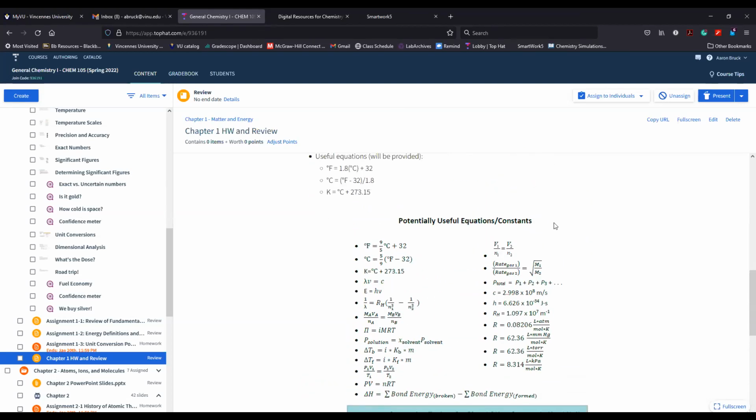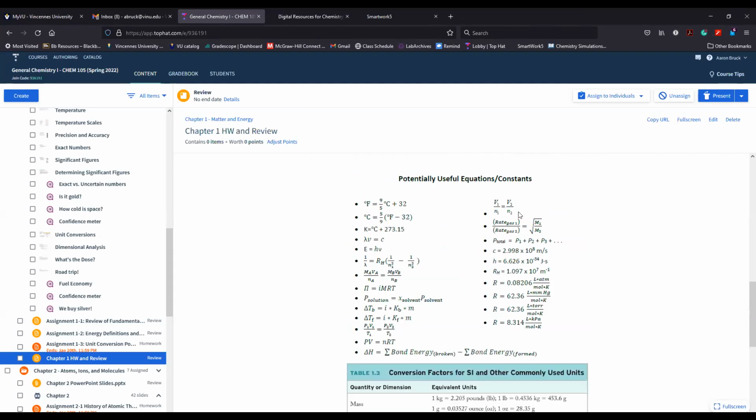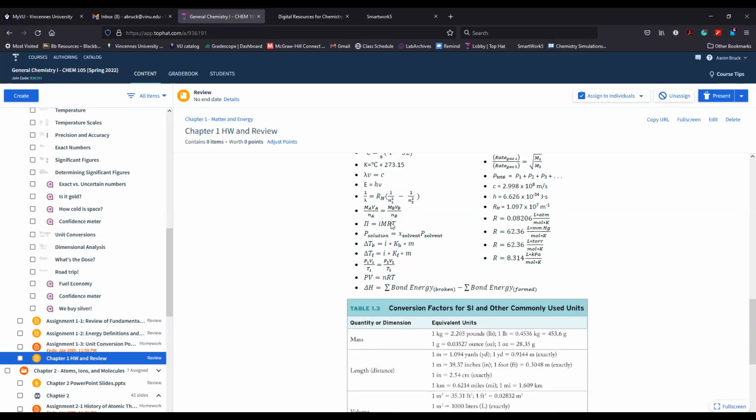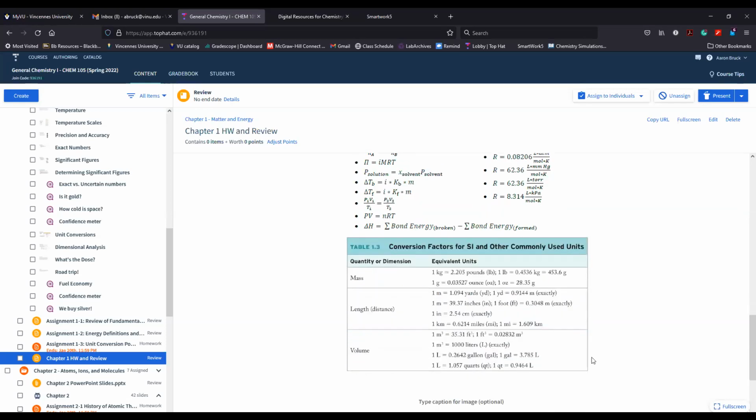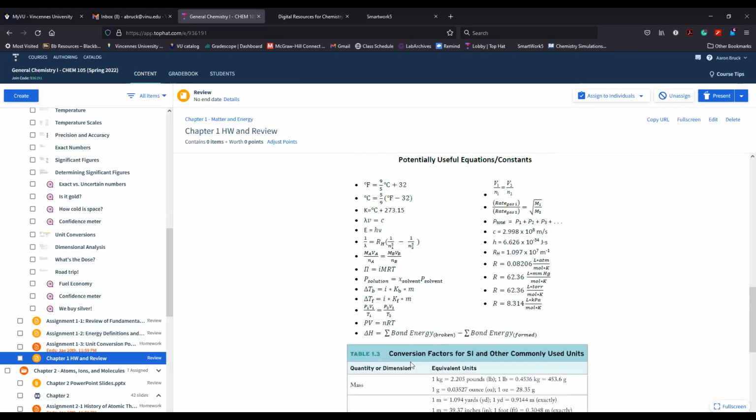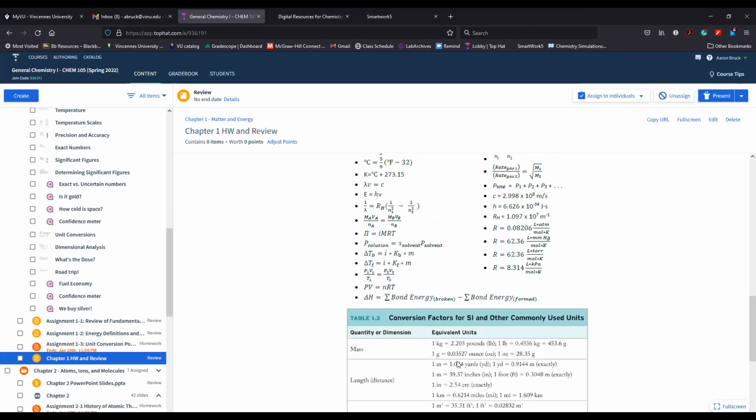And actually, this whole sheet will be given to you. And so you do not need to memorize the conversion calculations between Fahrenheit, Celsius, and Kelvin. Those equations have been given to you. You don't need to memorize the relationships between the customary system and the SI system for units. Those are being given to you.